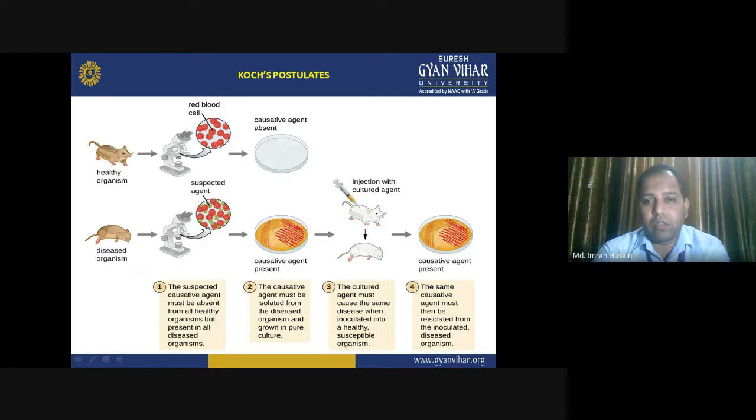Fourth, the causative agent has been proven to be present in the petri plate or your original culture. The same causative agent must then be re-isolated from the inoculated diseased organism. So these are Koch's postulates.